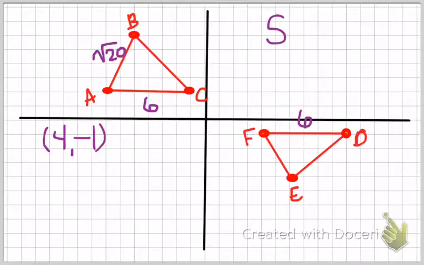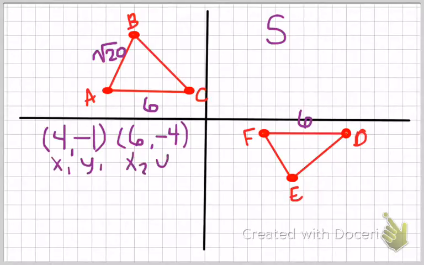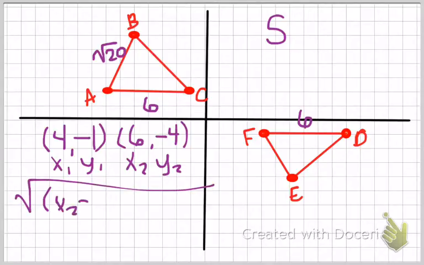E is located at 6, negative 4. Label your points x1, y1, x2, y2, and then plug them into the distance formula. So that's the change in x squared plus the change in y squared.